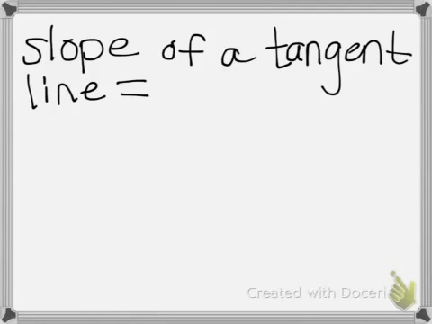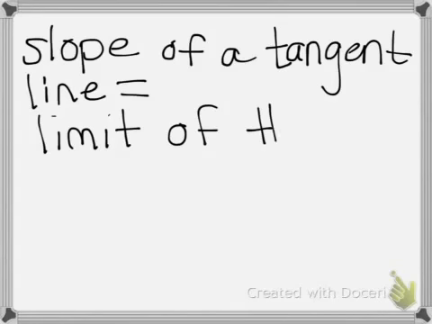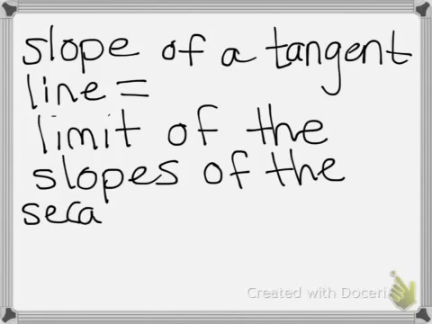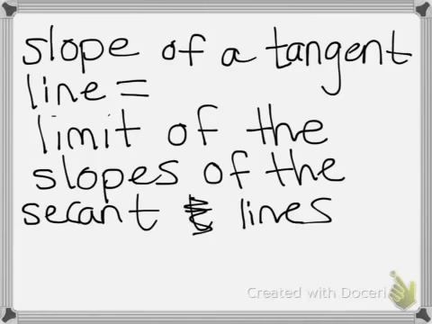The slope of the tangent line equals the limit of the slopes of the secant lines. Okay, so as you find the slope of the secant lines, the slope of the tangent line is going to be what that number is getting really and really close to, which is a limit.